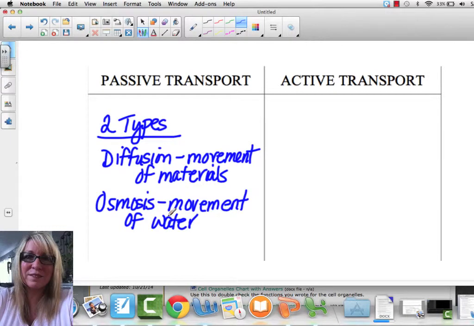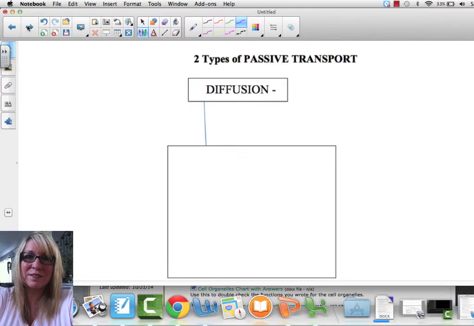So we have passive transport, no energy, moving from an area of high concentration to low concentration, and there's two types, diffusion and osmosis. And then there is active transport, which requires energy, and we're going from an area of low concentration to an area of high concentration.